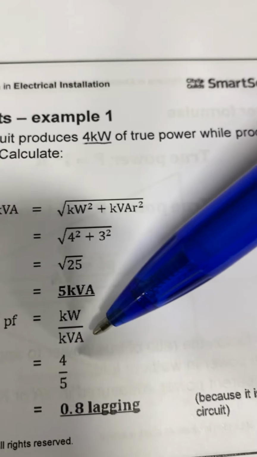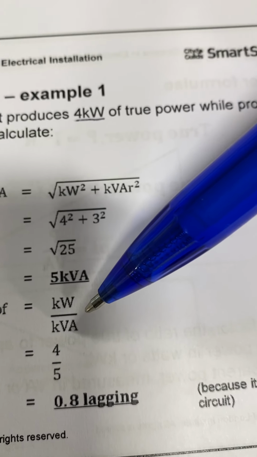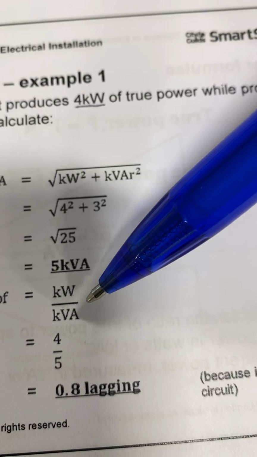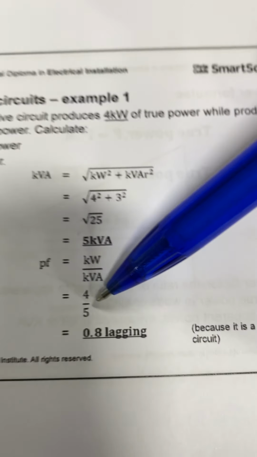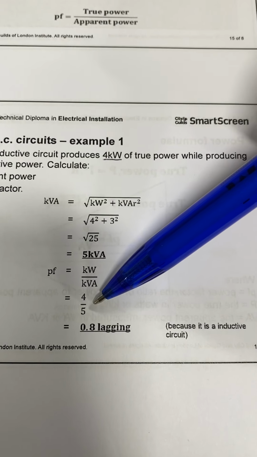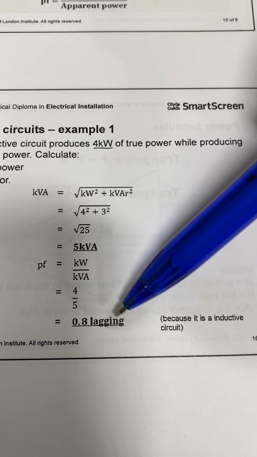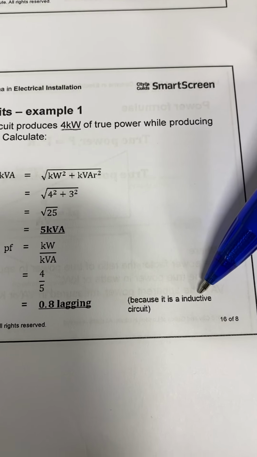So it's going to be my kilowatt divided by my kVA, isn't it? So 4 kilowatts divided by 5. 0.8. So that is my cosine.